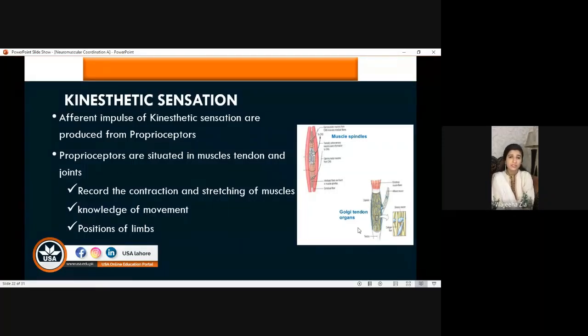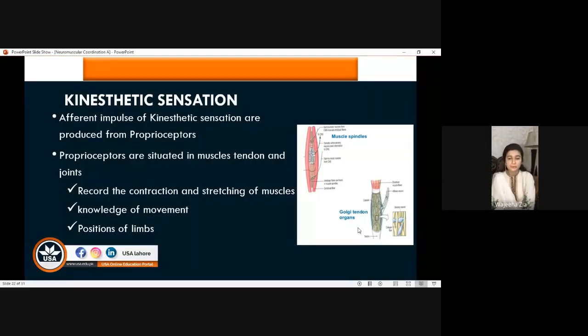Because when we perform an activity again and again, the Golgi tendon organ and the muscle spindle store those amounts of contraction and relaxation. So next time we don't need to concentrate. They will keep muscles in that pattern, in that contraction and that lengthening. So they know how to perform that movement.